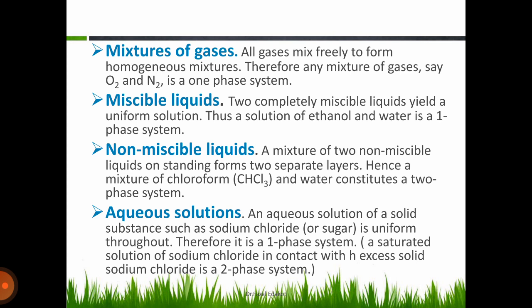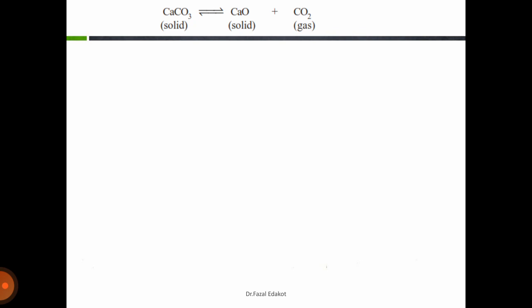If you add a little salt into water it dissolves. If you keep adding, the solution will become saturated and the excess amount of sodium chloride you added will settle at the bottom. So there exist two phases: one is the aqueous solution of sodium chloride and the other is the solid sodium chloride at the bottom.